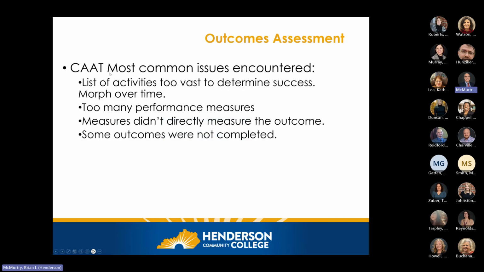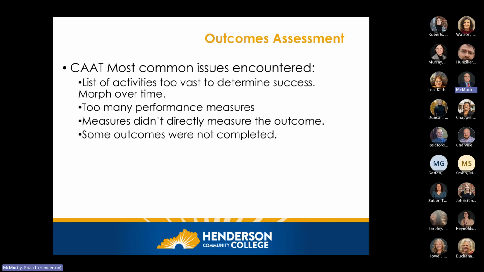Typically, when we look at outcomes, there's a list of activities that can grow and morph over time. For one outcome, I've seen some units have 7 or 8 or 9 activities, which makes it really difficult for them to determine whether or not they were successful.